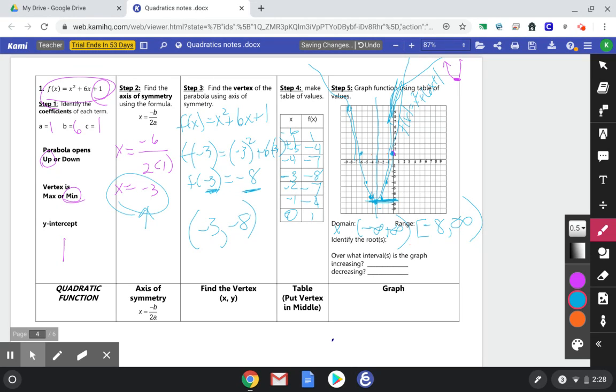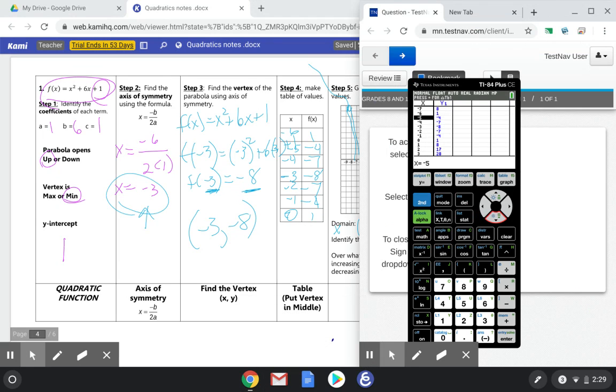Okay, then it says identify the roots. Now, if you look at your graph, it's very difficult to see where the roots cross the x-axis. So what you can do is go into your graph, and I think I showed you this yesterday.